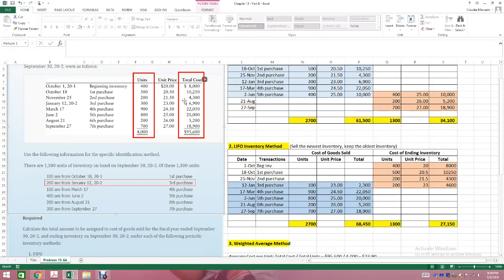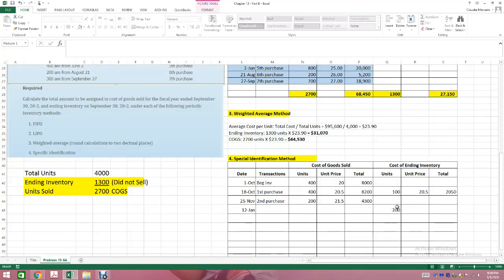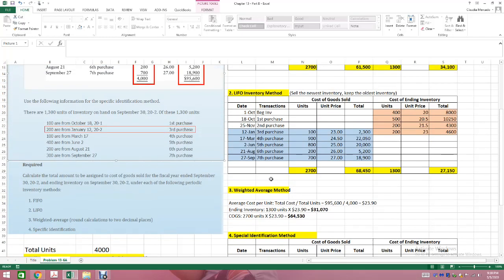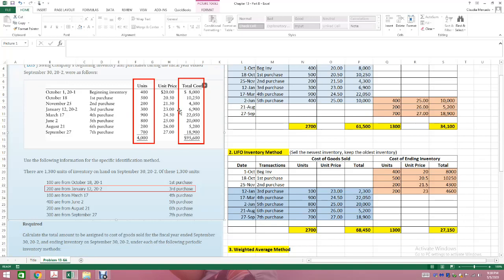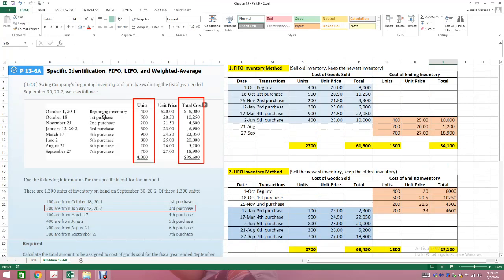So let's look at the third purchase. We had 300 units at $23, and we did not sell 200 of them. That's $23 a piece. So 200 times 23, that's $4,600. Okay? So let's look at January the 12th again.